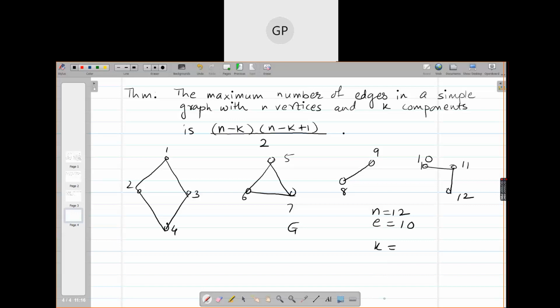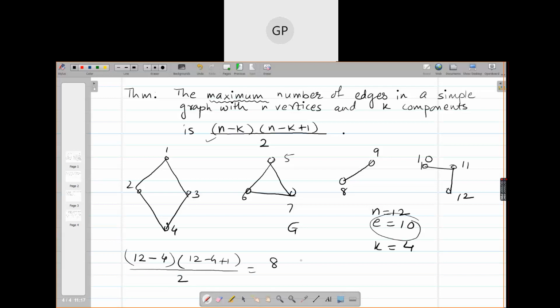In this particular theorem, we are using k to denote the number of components. So how many components you can see? 4. Let us substitute it in this formula and check whether the answer is 10 or not. n is 12, k is 4. So 12 minus 4 into, now please see the word maximum carefully, 12 minus 4 plus 1 upon 2.